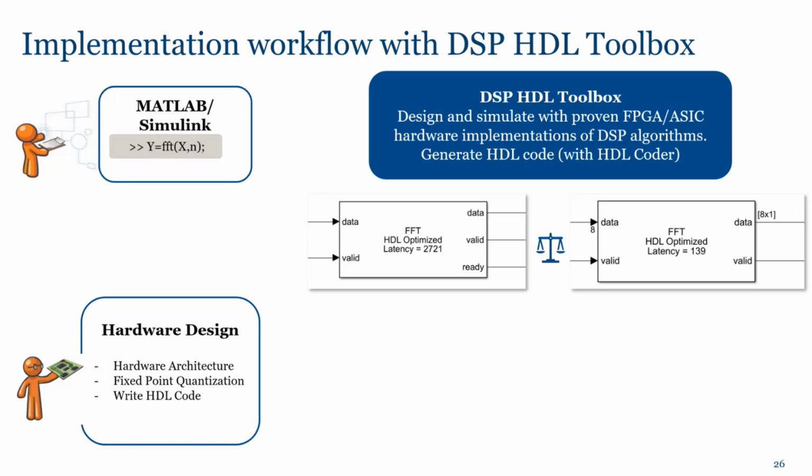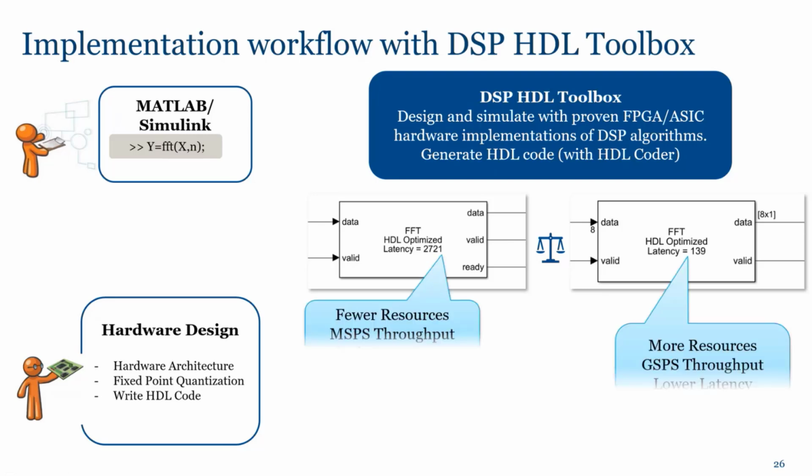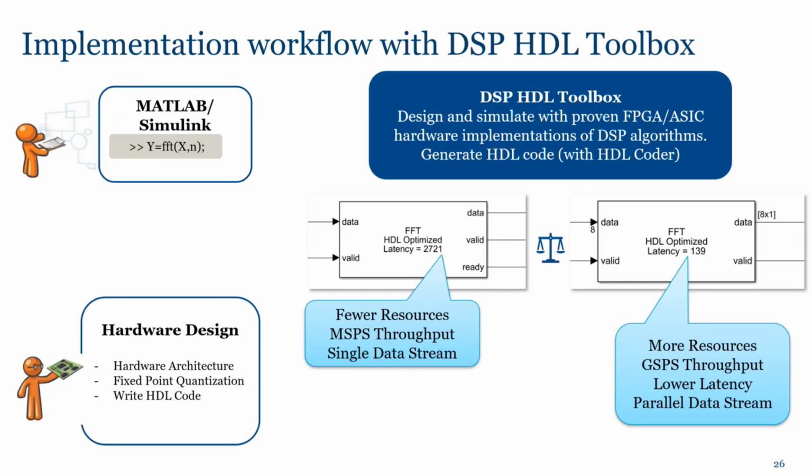If we can take the example of an FFT, which is not a block that's easily designed, you can see here that for each architecture, you will be having a different latency. So why is that? Because in the first one, we chose to have fewer hardware resources used, but we will still be limited with the throughput.